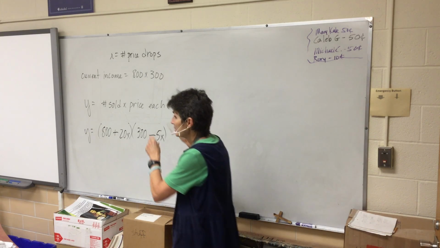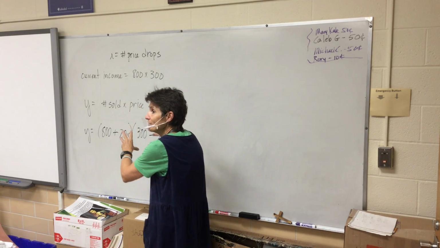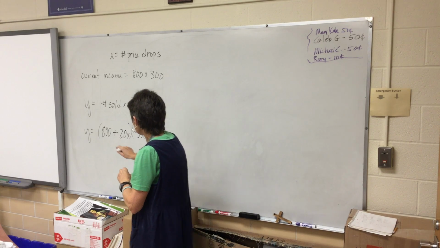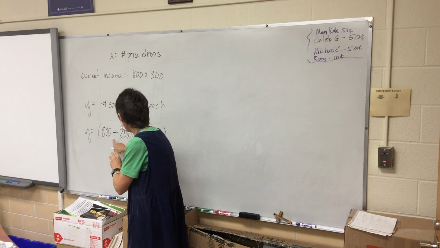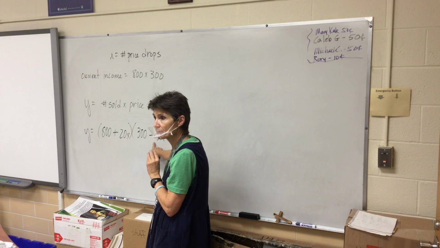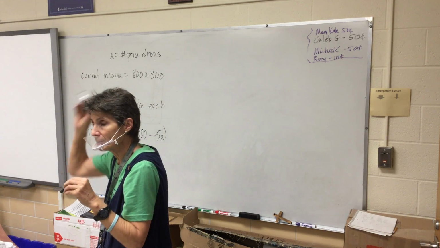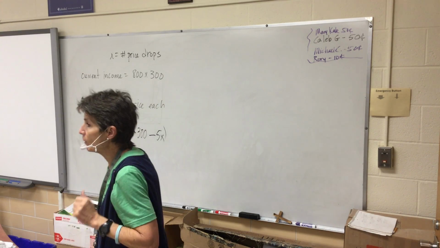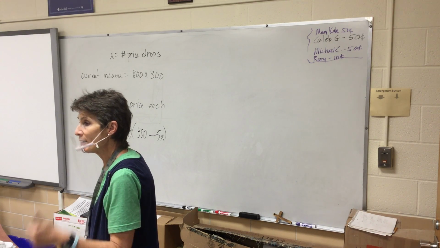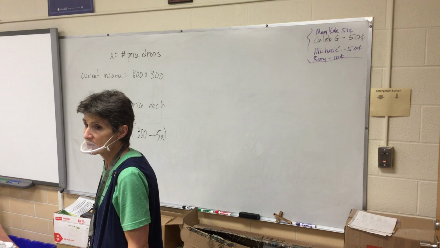Now, in an income or revenue problem, see how this piece is going up and this piece is going down? In an income or revenue problem, will they ever both go up? Will you ever raise the price and sell more?